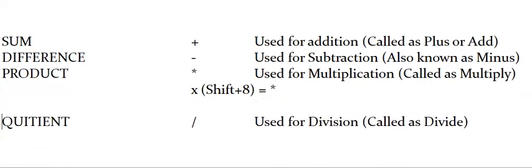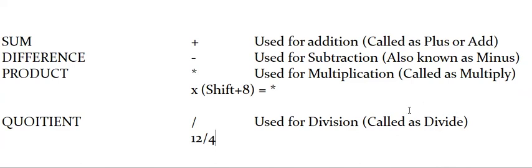We all know this. Quotient is a division. It is used for division, called divide, but this is not the sign for divide because we did not study this in the maths book, but in computer, this is the sign for division. So, for example, you type here 12/4.